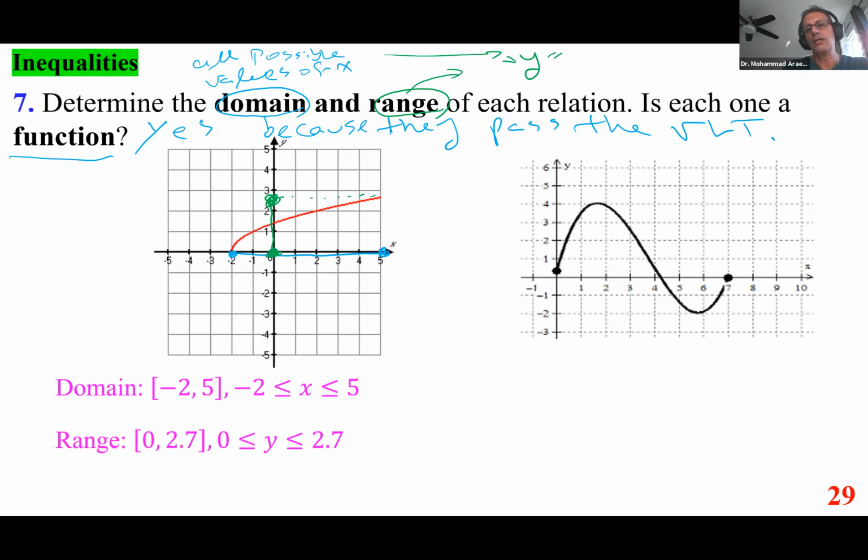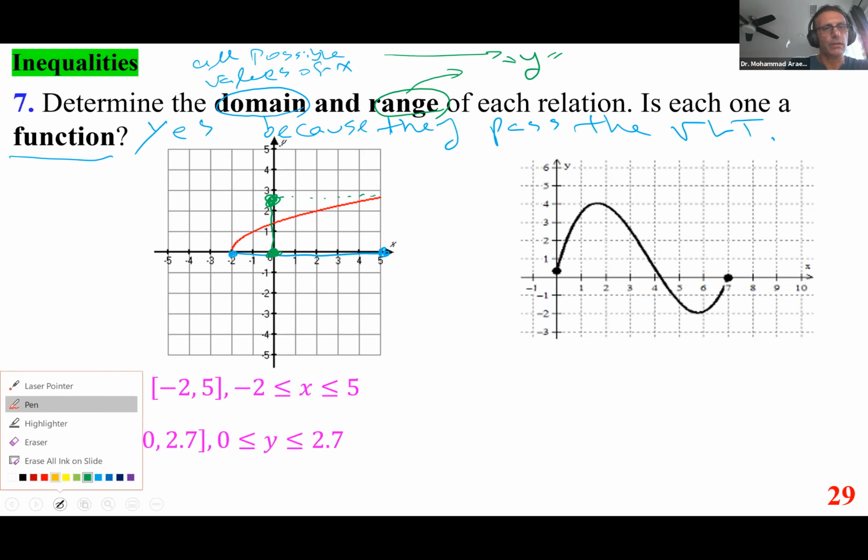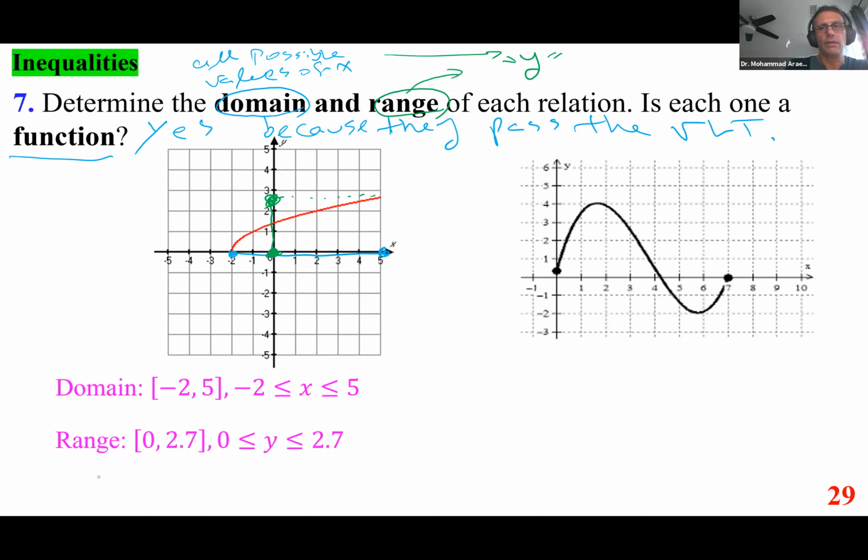If you look at this one, this graph along the x-axis, if you lay it along the x-axis, it covers anywhere from here to here. It covers from 0 to 7.